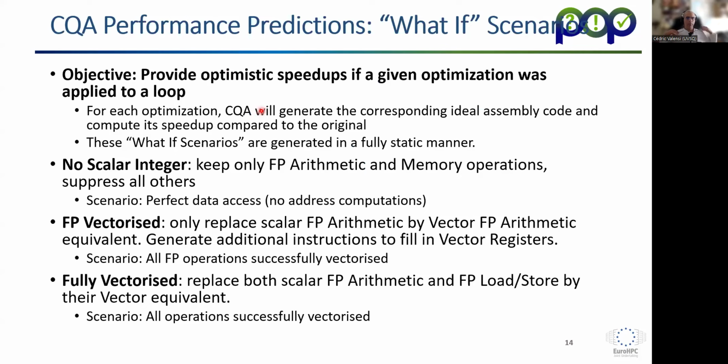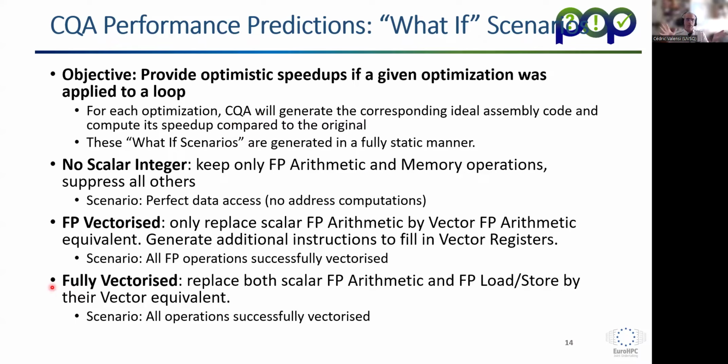So MAQAO CQA generates its reports in the form of what we call what-if scenarios. Basically, we try to estimate what the performance impact will be if a transformation was perfectly applied to the whole loop that we are analyzing. For instance, let us suppose that everything was fully vectorized inside the loop.